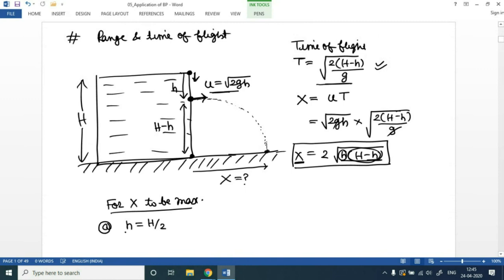So at small h equal to H by 2, the range is going to be maximum, and when you substitute this value in this equation, you get x max is equal to H. So that is one thing you need to understand.